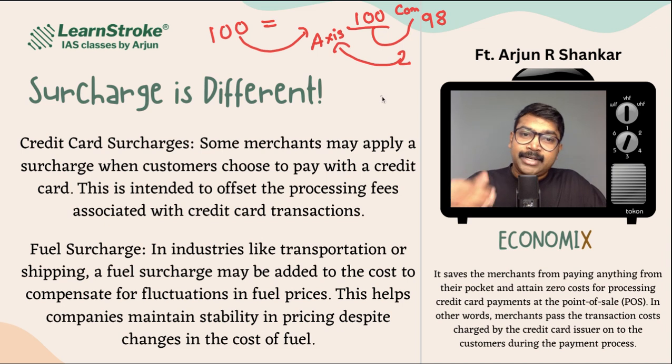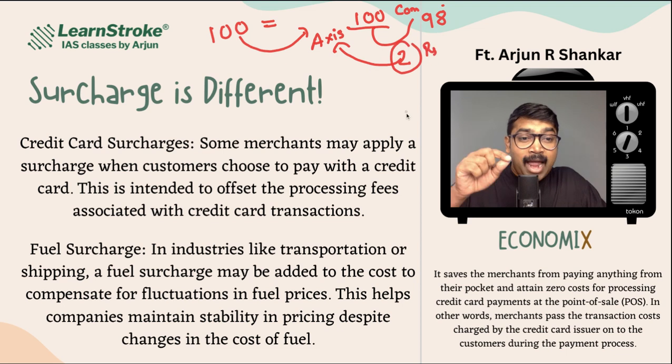So when the sales happen in crores, Axis Bank, or the bank that is providing the credit card, is also getting huge money. So every transaction, the company is actually losing 2 rupees.